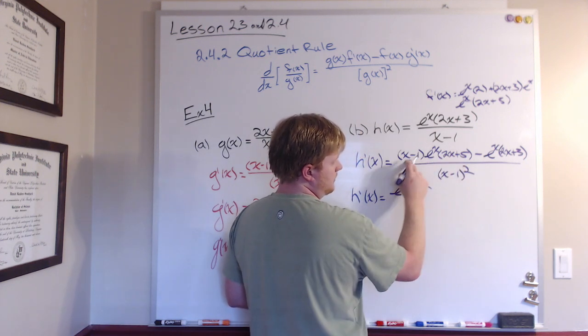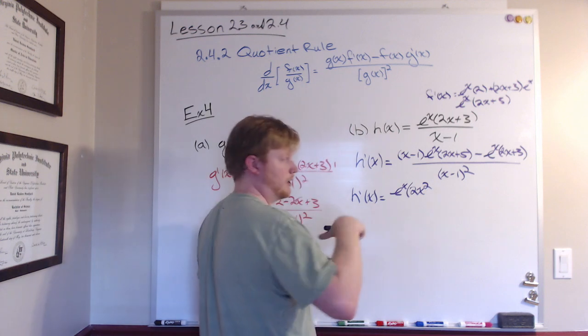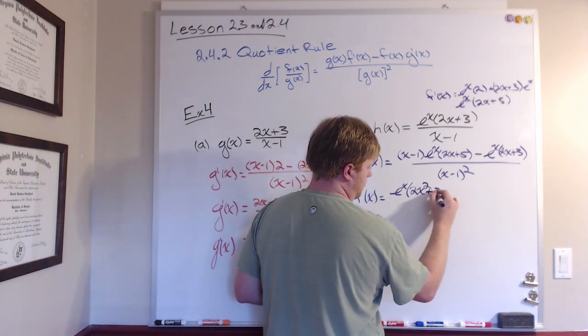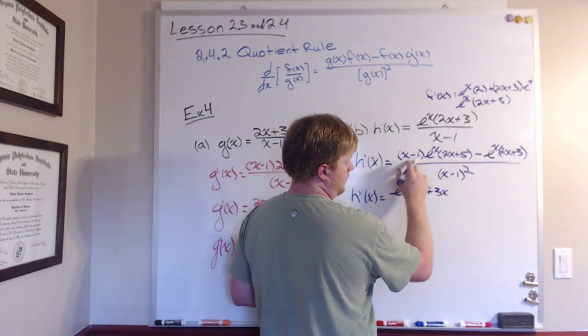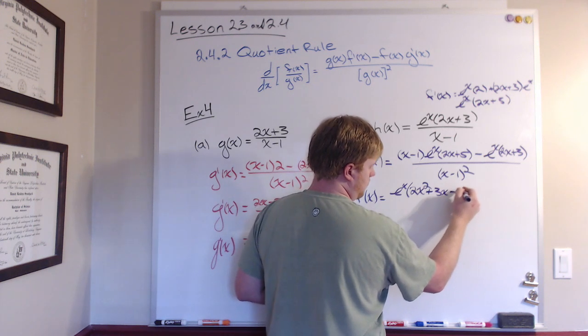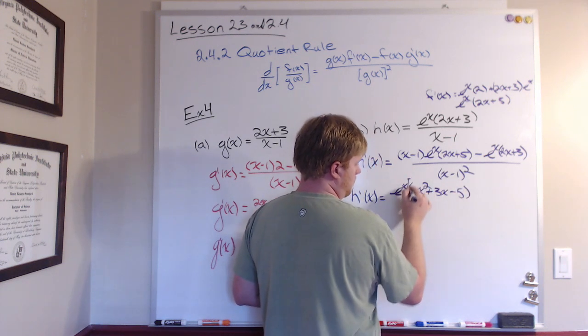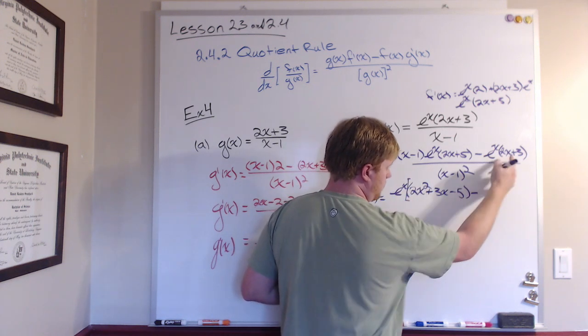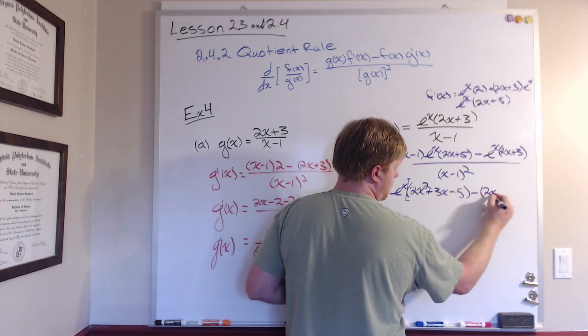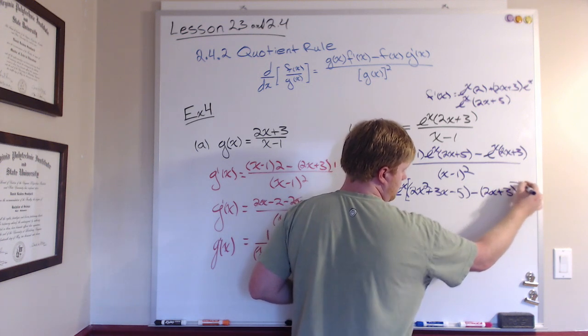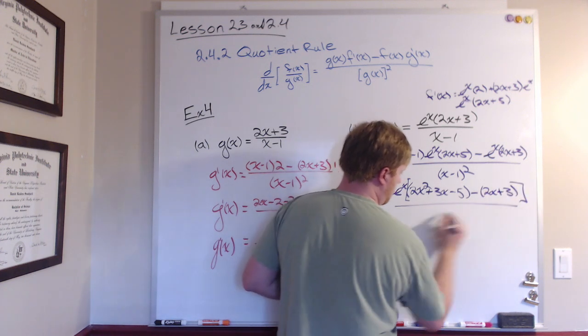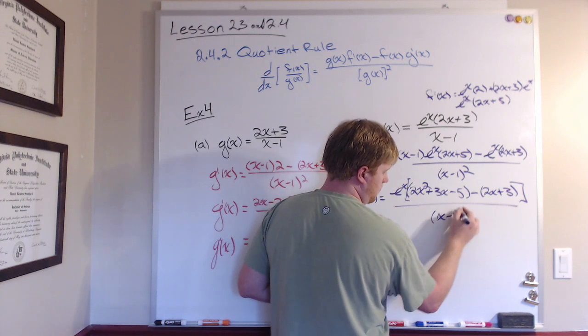Plus a 5x minus a 2x. 5x minus 2x gives me a plus 3x. Okay. Minus 5 minus 2x plus 3 all over x minus 1 squared.